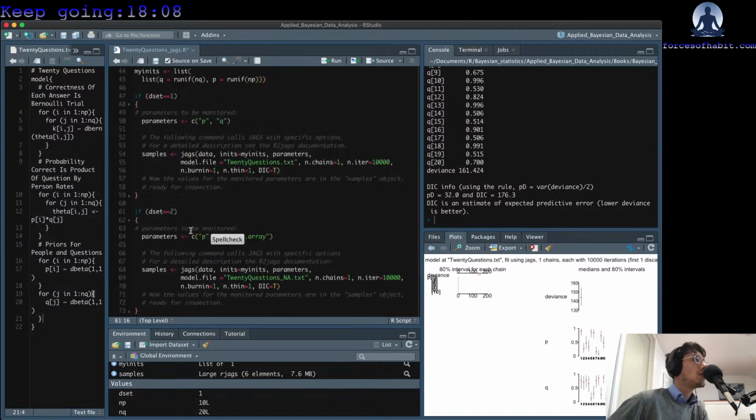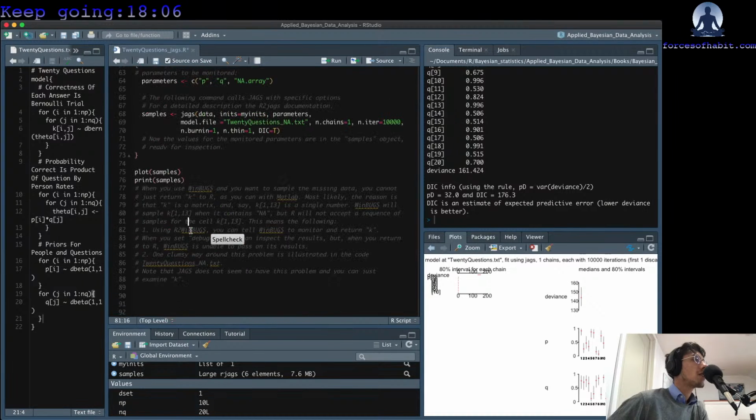Using R2WinBUGS, you can tell WinBUGS to monitor and return K when you set debug true. You can inspect the results, but when you return to R, WinBUGS is unable to pass on its results. One clumsy way around this problem is illustrated by 21 questions na.text.